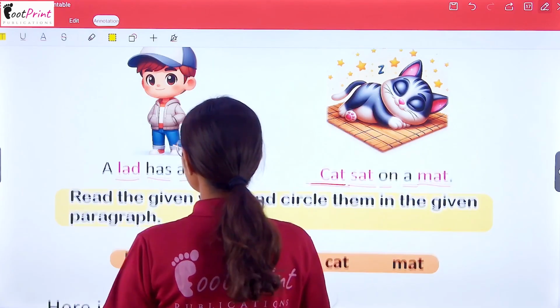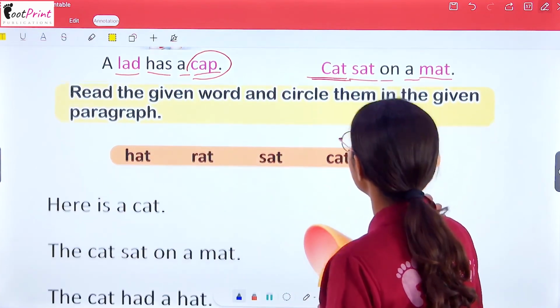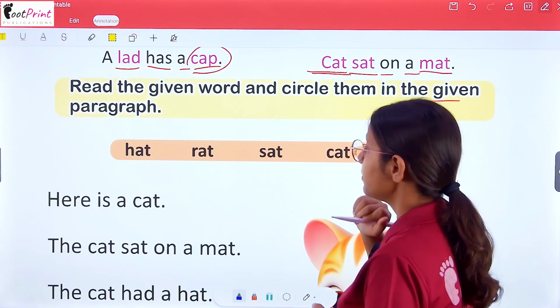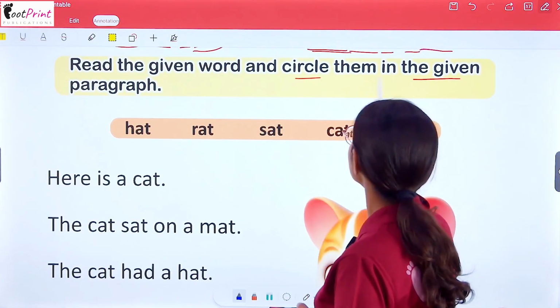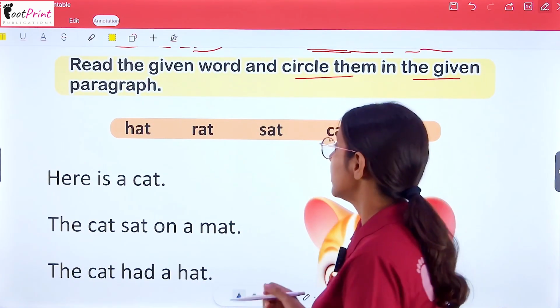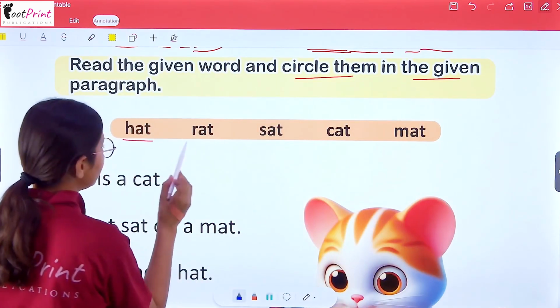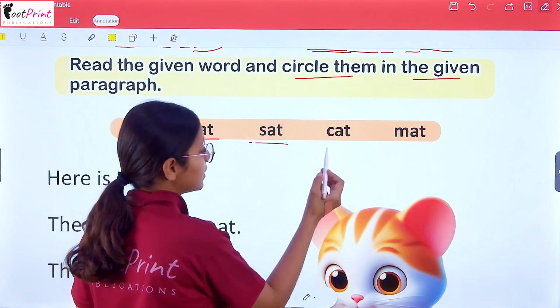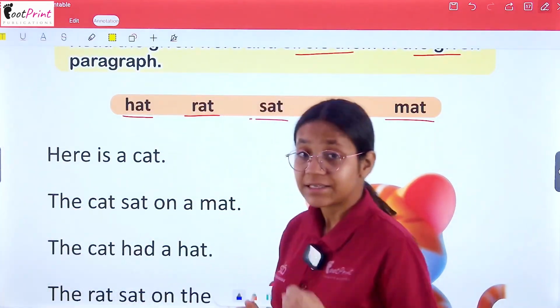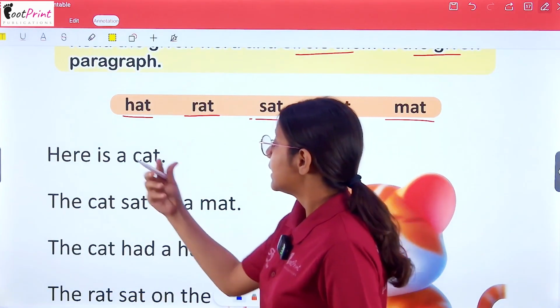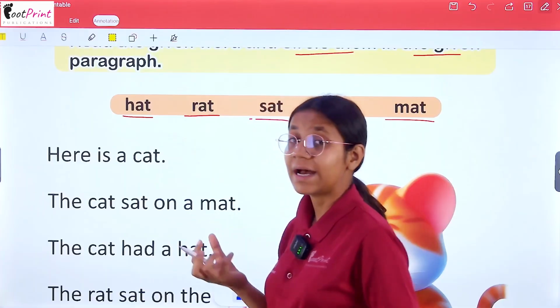Now, read the given words and circle them in the given paragraph. What are those words? Hat, rat, sat, cat, moat, mat. Now, reading the paragraph. Here is a cat.